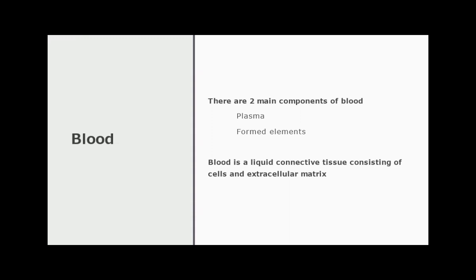Do you remember looking at elastic cartilage and seeing all the fibers? That's your extracellular matrix. Your cells are your chondrocytes that live within that. In the blood, it's your formed elements of your red blood cells, your white blood cells, and your platelets.